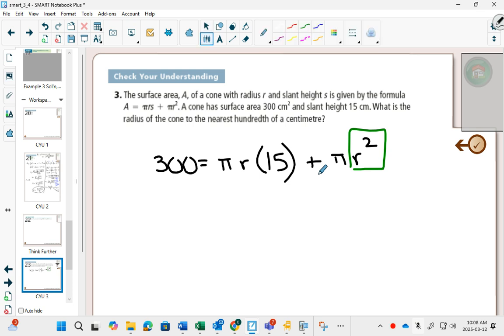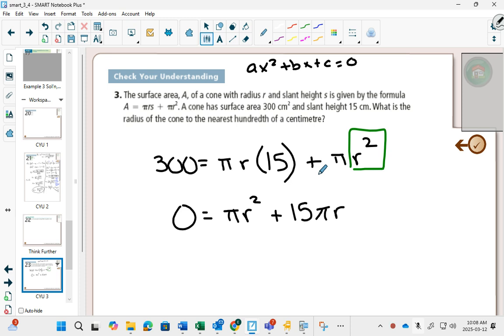Even if I use factoring or the quadratic formula, I like this form where the thing that's squared is first, then the variable, then the constant, equals 0. So I'm going to write the pi r squared first, plus 15 pi r second, and then I'll move the 300 over, minus 300.